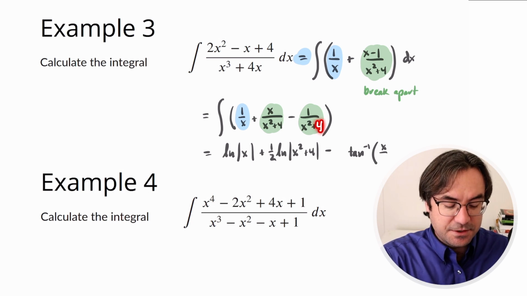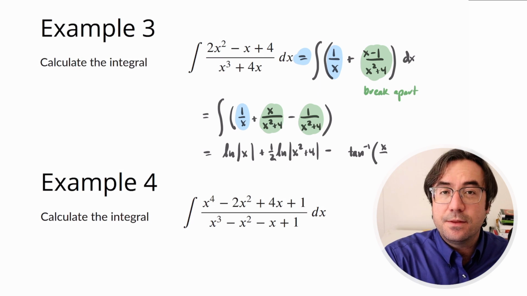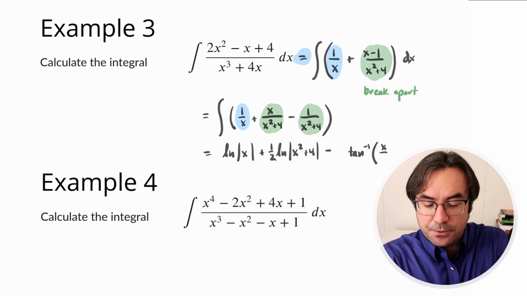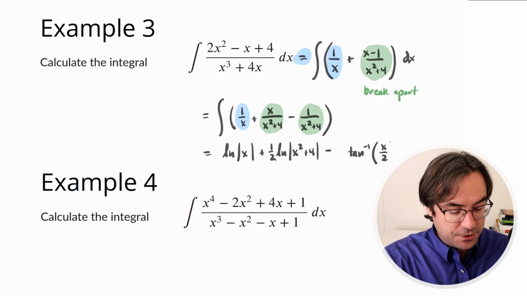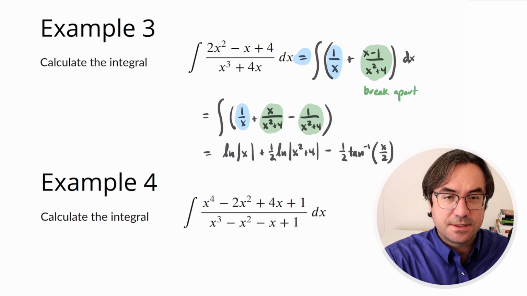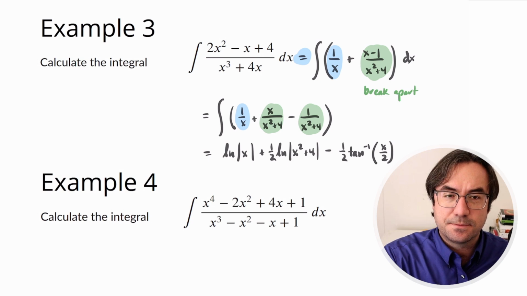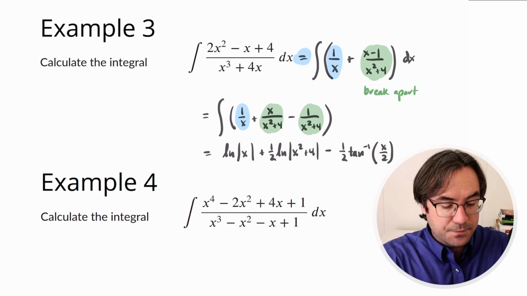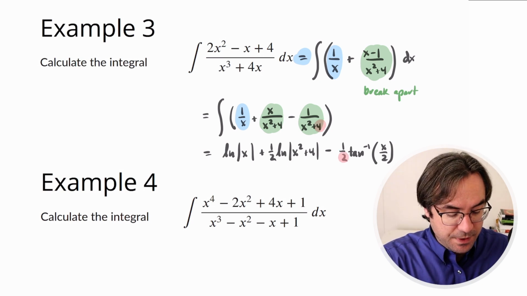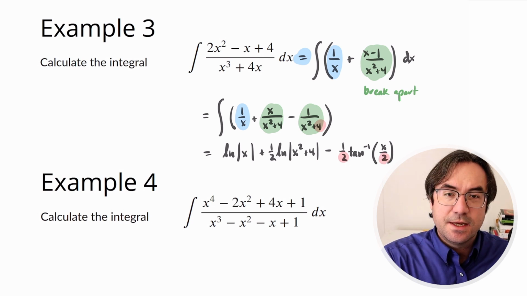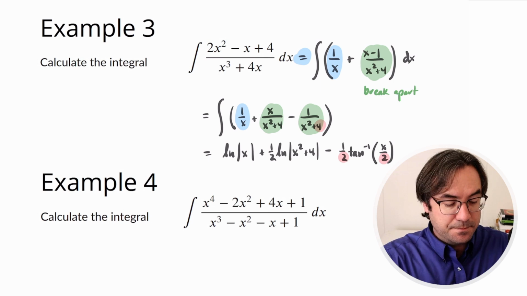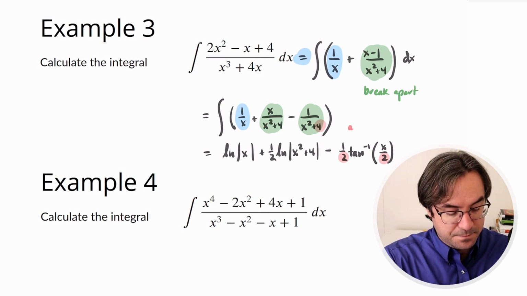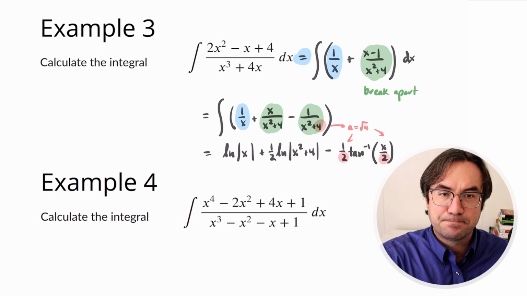Well, the constant here is 4, so we're going to put in the square root of that, which is 2. So x over 2, and it also gets a 1 over 2 in front. That 2 that we're seeing in both places is the square root of that 4.